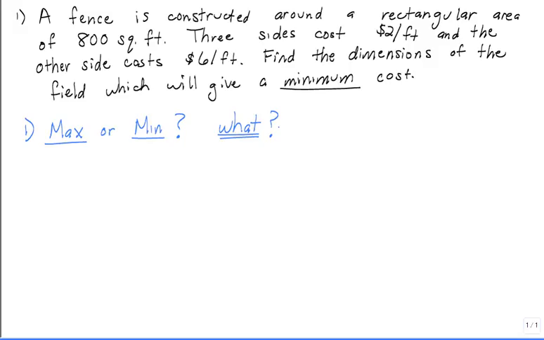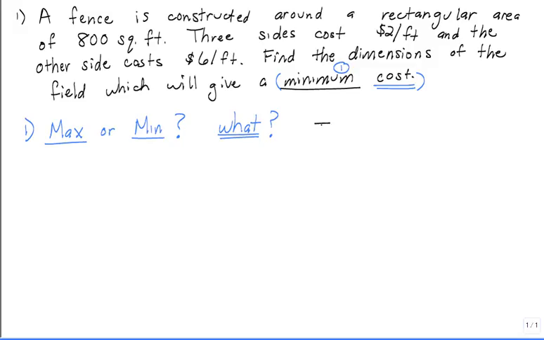Because that tells you the function that you need. So you have to decide, are you finding a max or a min, and then what are you finding a max or a min of? Because that's what you need to get the function for. In this case, it's cost, minimum cost. So this is step one. Find that.